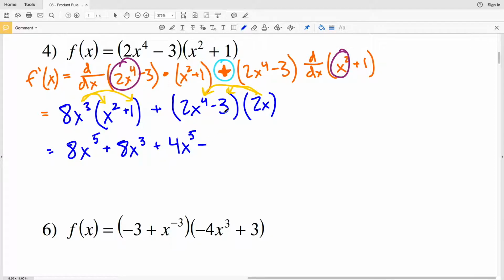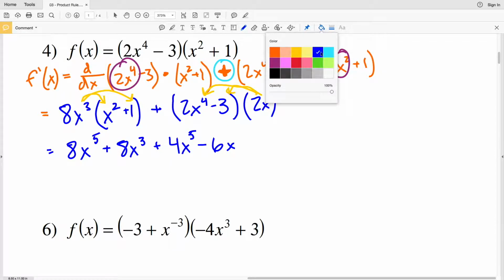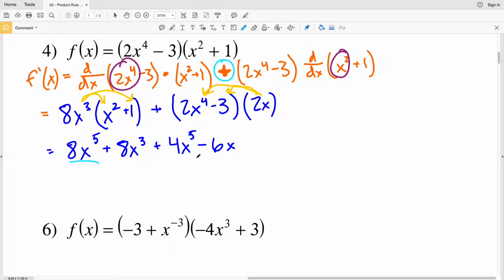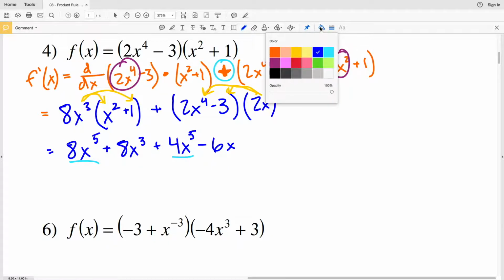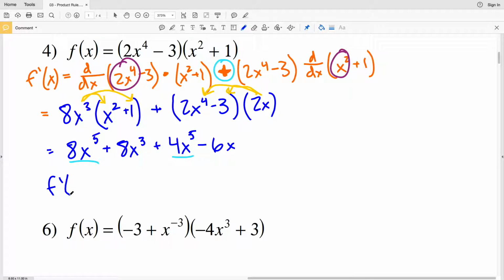And then I'll be subtracting 3 times 2x, which is 6x. Simplifying, I can combine 8x to the fifth and 4x to the fifth. So the derivative of my function f of x is equal to 8 plus 4, which is 12, and that's multiplied by x to the fifth, plus 8x cubed minus 6x.